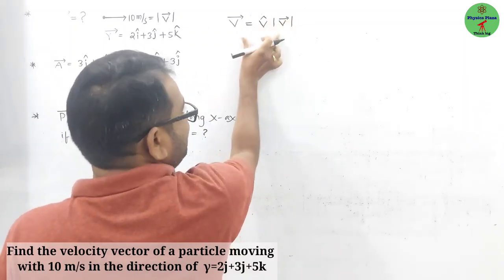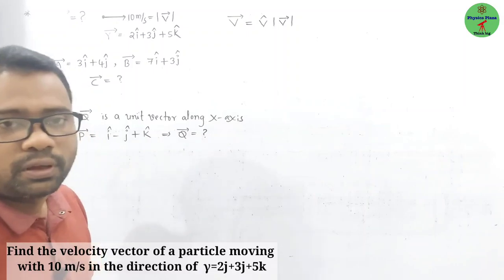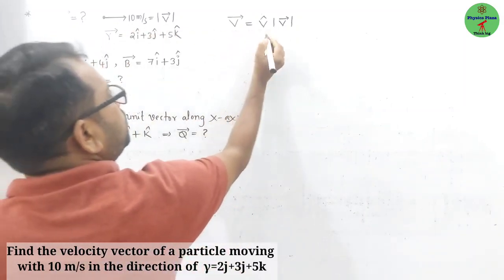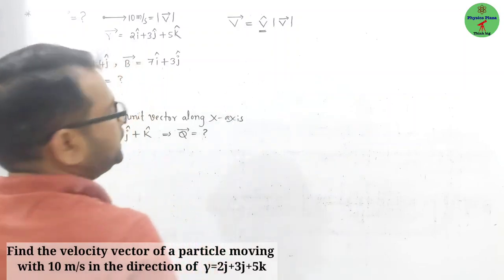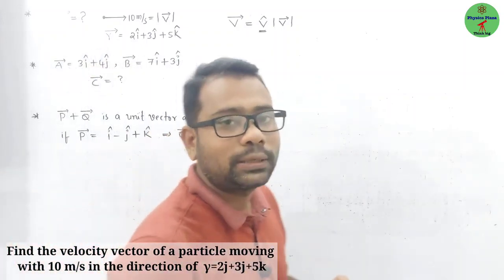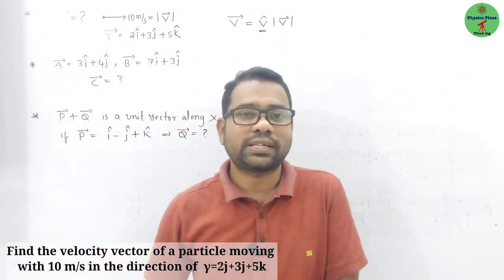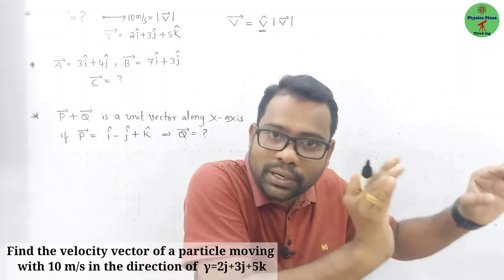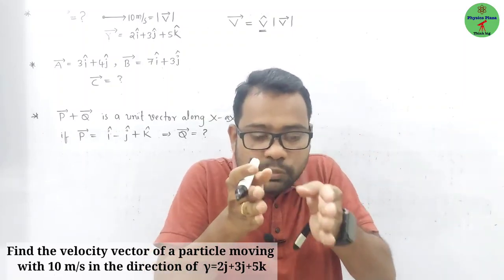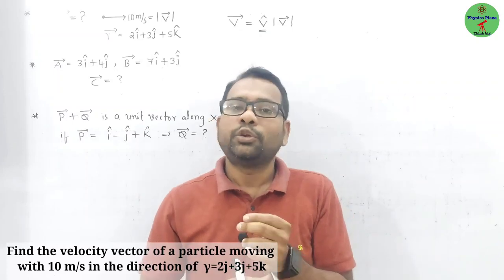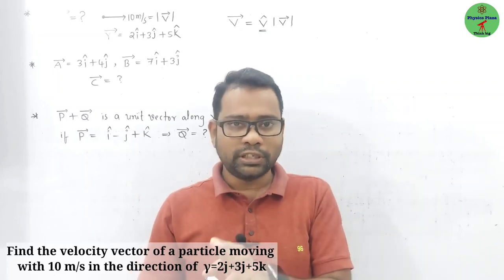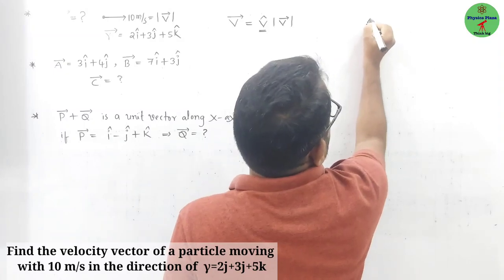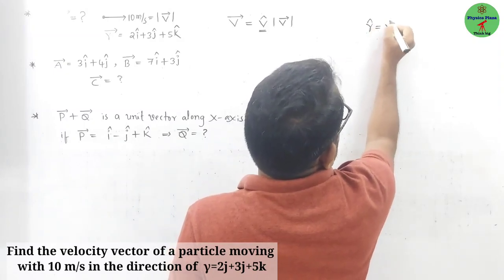This is a concept from the unit vector definition. The magnitude is given as 10 meters per second, but how do we know the unit vector of the velocity? They said it is in the direction of displacement, which means the unit vector of velocity and the unit vector of displacement are the same. So here r cap is equal to v cap.